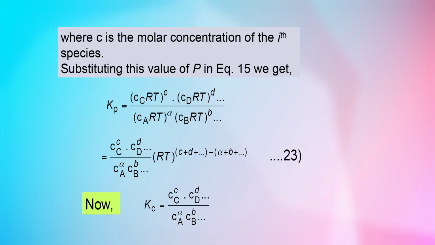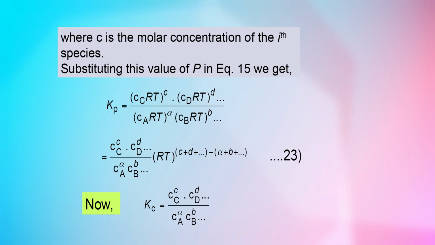Look at this, the 23, you see the left side of the right hand side is nothing else but the Kc, and the other part RT raised to the power, what is it?